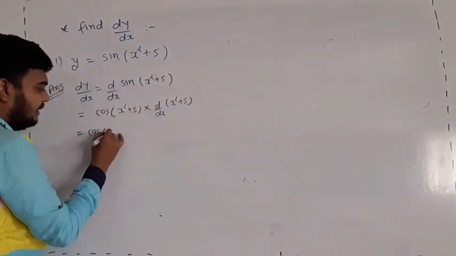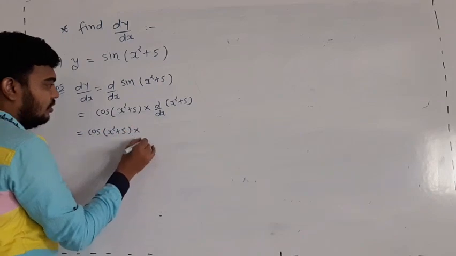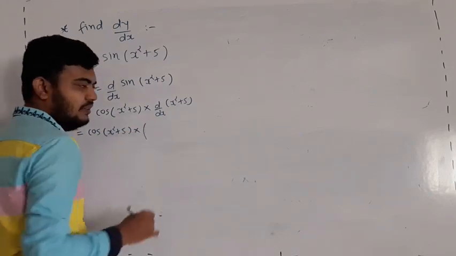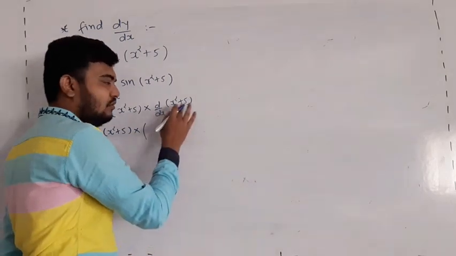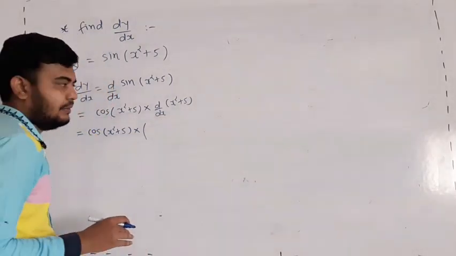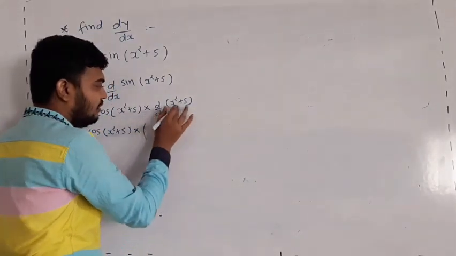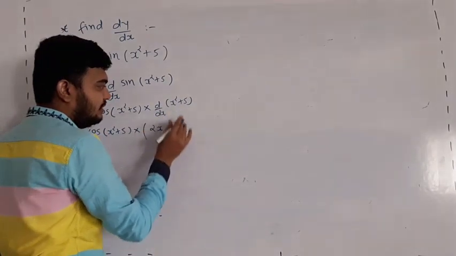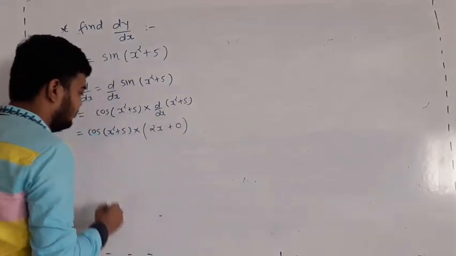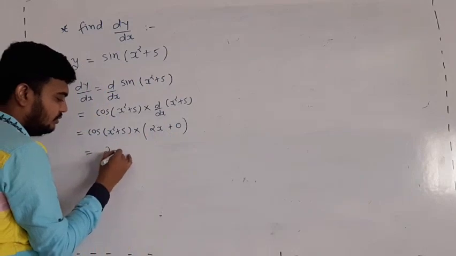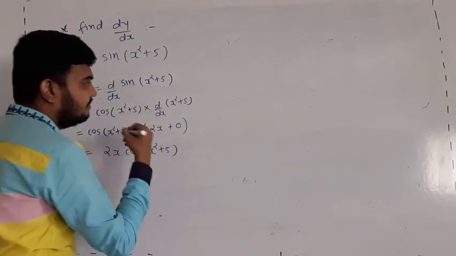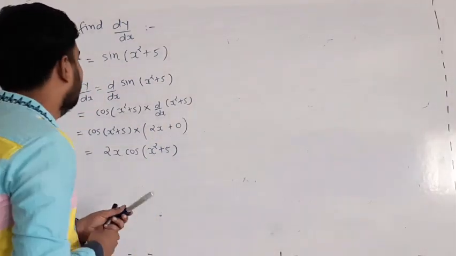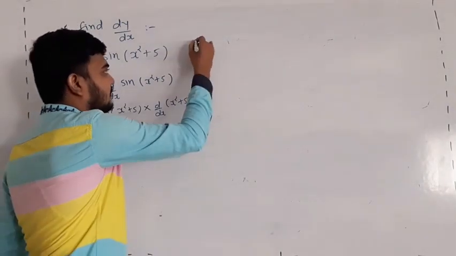So cos of x square plus 5 cross, we know that if there are addition or subtraction signs, then we differentiate the functions separately. Then the derivative of x square is 2x plus the derivative of the constant is 0. So the final answer is 2x into cos of x square plus 5. Okay beta. Now taking the second example.